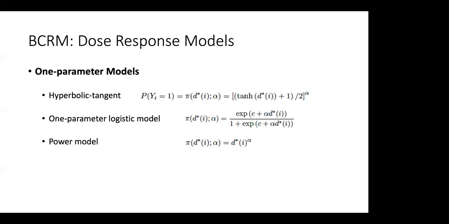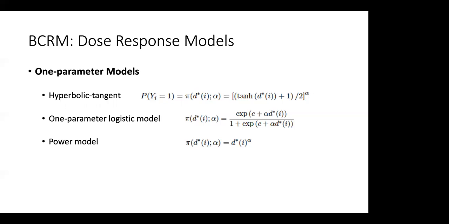The most commonly used models are one parameter models, and here are some examples. For example, the hyperbolic tangent model. Here, the probability of toxicity is modeled as a tangent function of the dose level. The parameter is alpha here, which is basically a power of the tangent function of dose level.